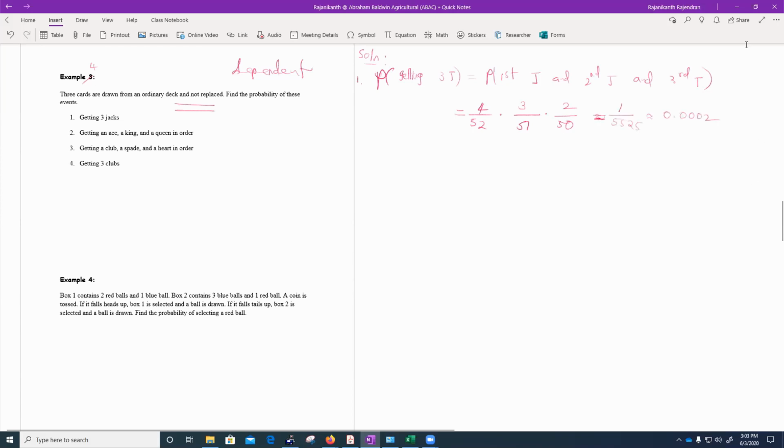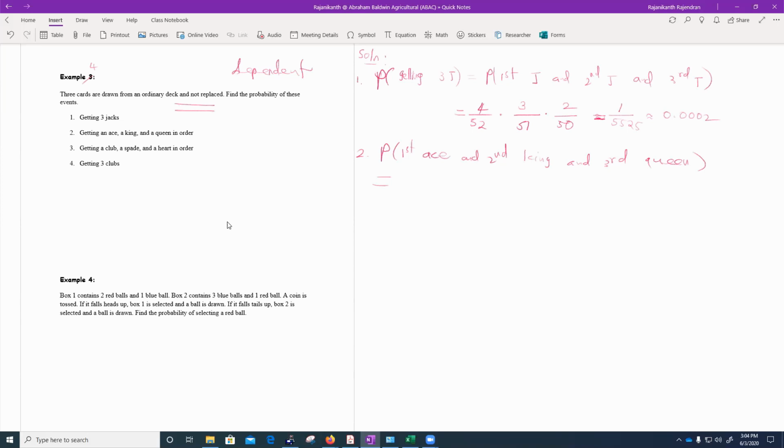Okay, let's move to the second one. What is the probability of getting an ace the first time, a king the second time, and a queen the third time?